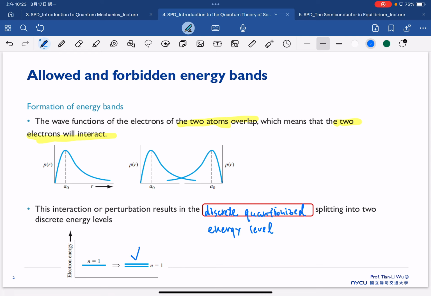So in this slide, I just want to illustrate this concept that once we have two atoms moving close together, the wave functions will interact with each other. In the end, we will create this discrete quantized energy level that can split into two discrete energies, as shown here.